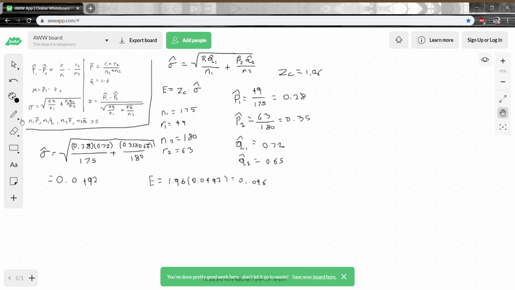And what that means is, basically we're forming a confidence interval for P1 minus P2, which means we would take the point estimate P1 hat minus P2 hat, and we would add plus or minus E, the margin of error, to find a confidence interval for P1 minus P2.